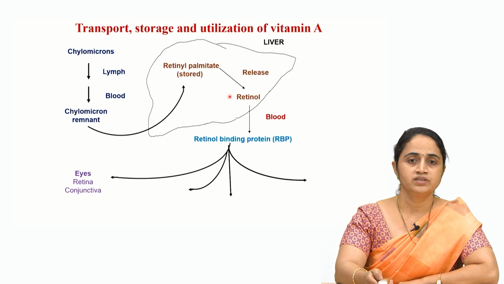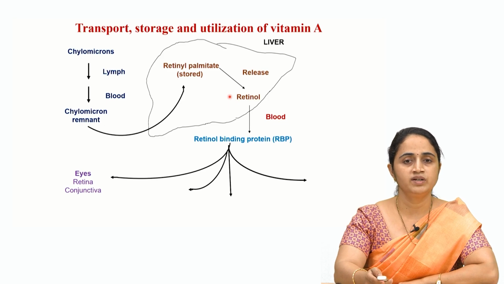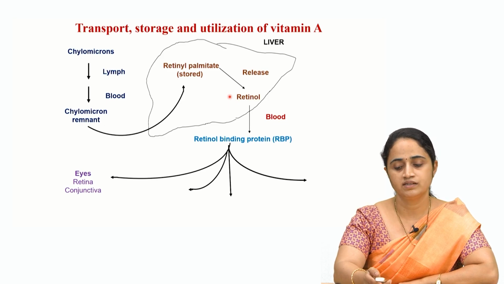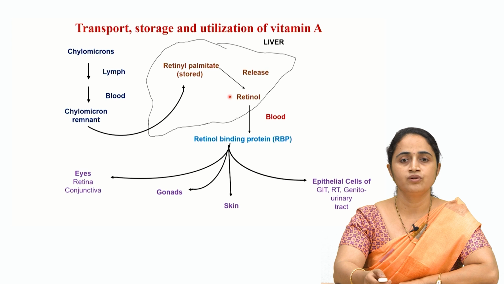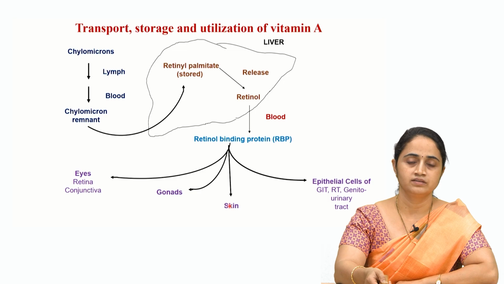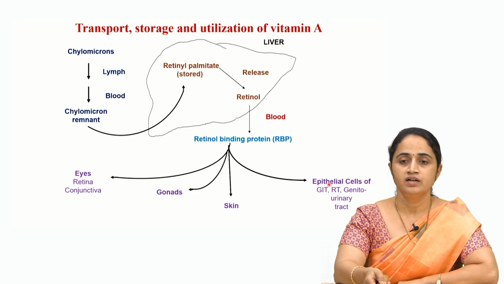The tissues where the retinol will be carried, and which have different functions, are the eyes, in the retina or in the conjunctiva, where it is required for vision; then the gonads, where it is required to maintain the epithelial tissues as well as for reproductive function; the skin, to maintain the epithelial structure and epithelial growth; and the GIT, respiratory tract and genitourinary tract, where it is required for the maintenance of the cellular functions.